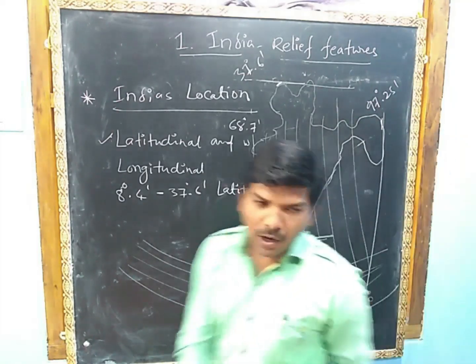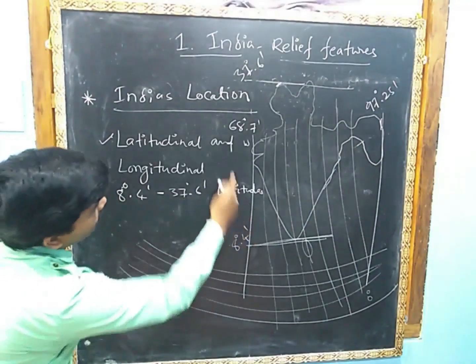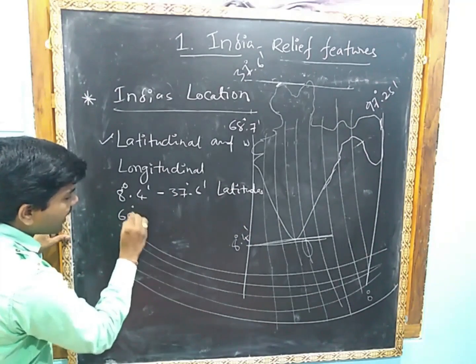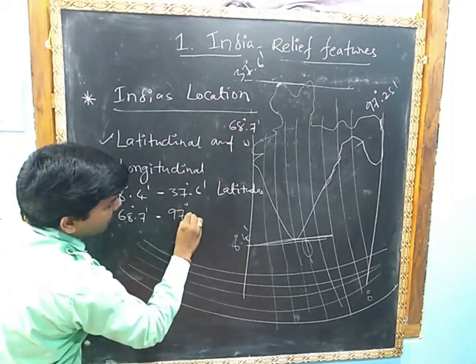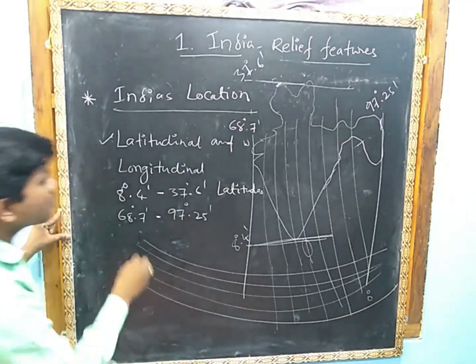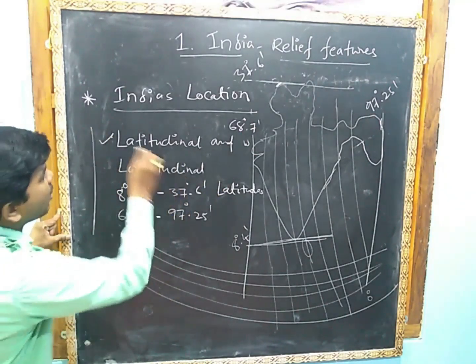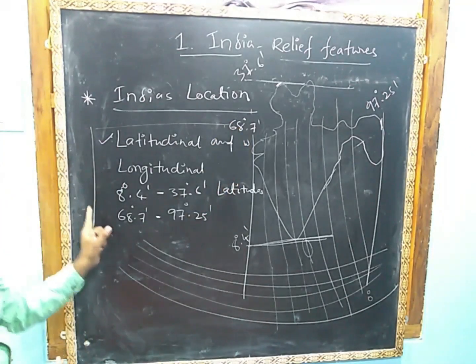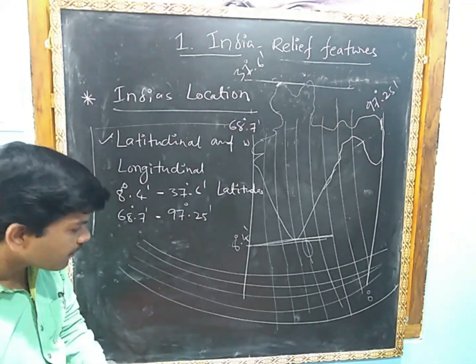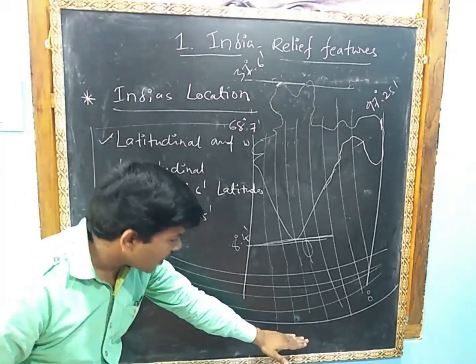Now we have to write that India is located from 68 degrees 7 minutes to 97 degrees 25 minutes. So this is the latitudinal and longitudinal extent of India. I repeat, this is the equator.